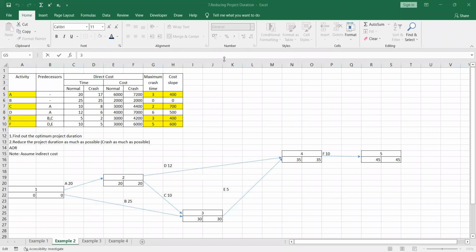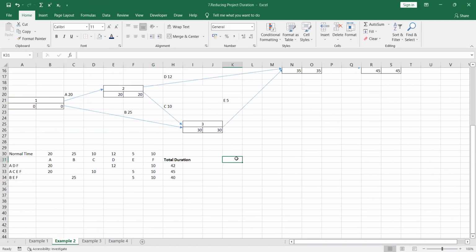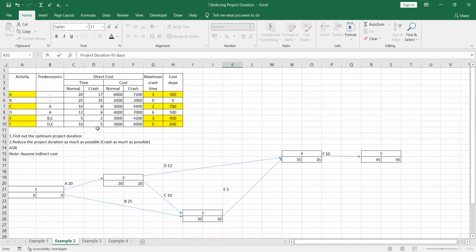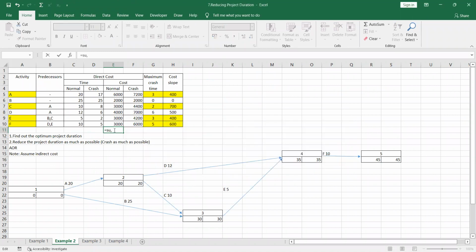Right. So first we have to write down the project duration. The project duration is 45 days. And we have to find out the cost. We did not find the cost, right? So I will get the summation of the normal cost.